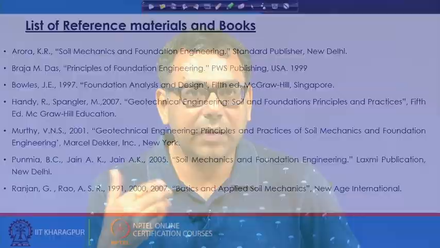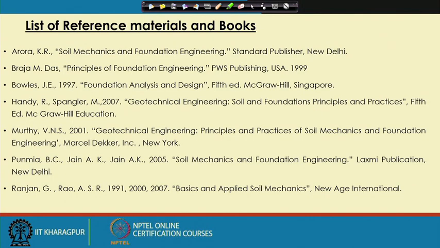I have used some YouTube videos also, and I have given the source in the video links. Even for photographs from a book, I have given the reference of which book I took the photograph or figure from. If I am using any table, I am also giving the reference. So these are the books mainly from where I have taken the material.